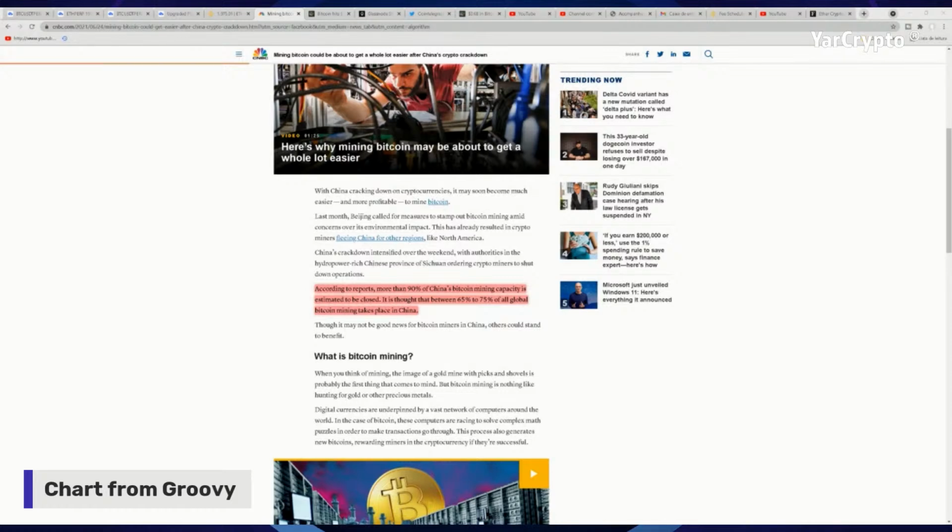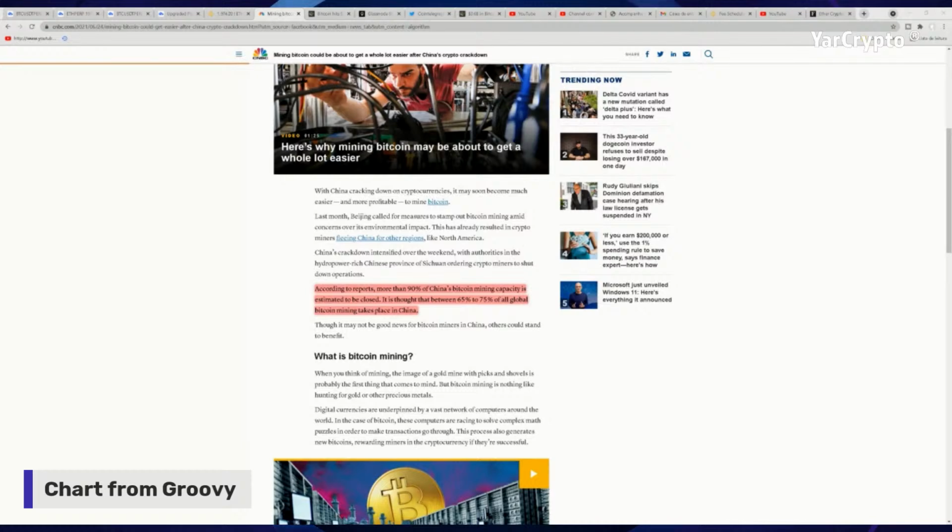Specifically, he mentioned Texas. So we got Texas in the U.S., we got the mayor of Miami who wants to turn his whole city into a Bitcoin capital, and we got the El Salvador president who says he wants to turn the volcano in the country into a source for Bitcoin miners to source energy from.